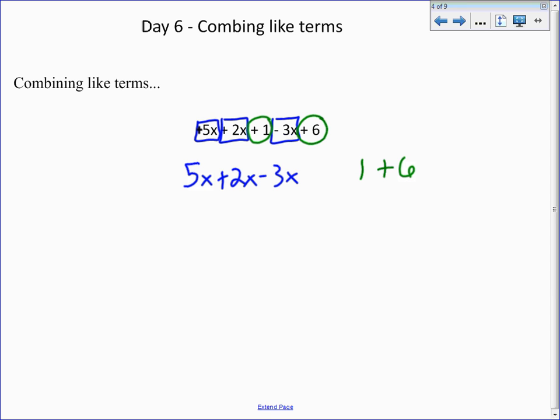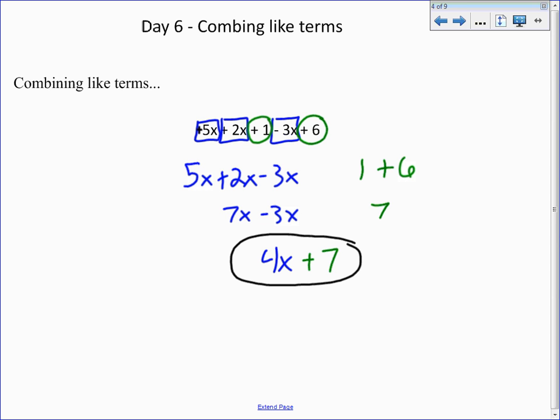So when we combine the orange juice, or our x values, you're going to take 5x's plus 2x's, which gives us 7x's. And then we have to subtract 3x's, which gives us 4x. And over here, we have 1 plus 6, which gives us 7. So now we're going to bring our 7 down, and our end result is 4x plus 7.